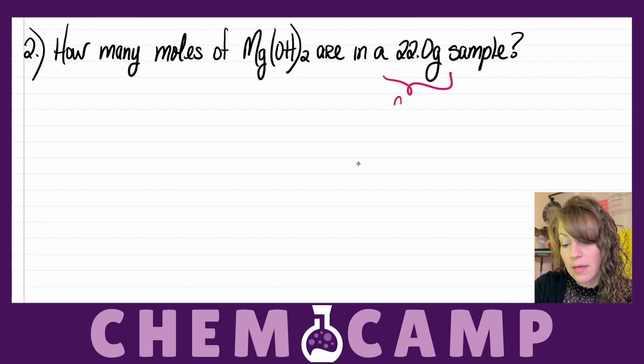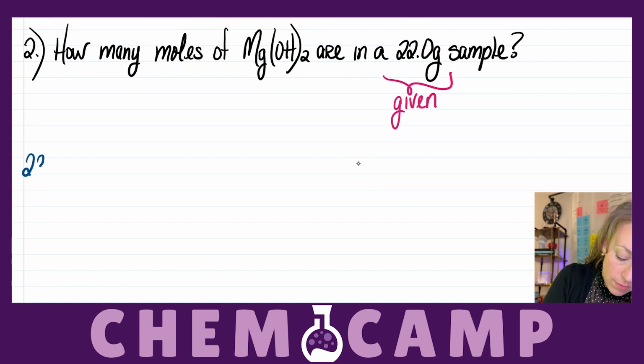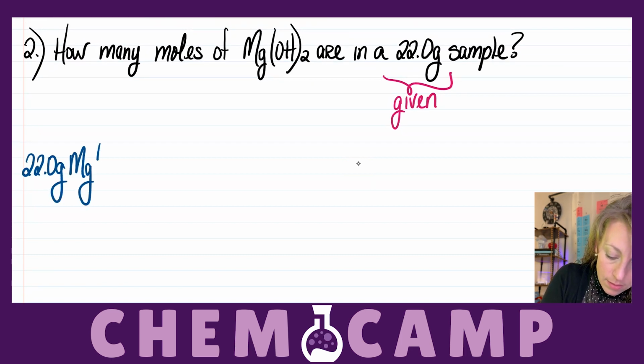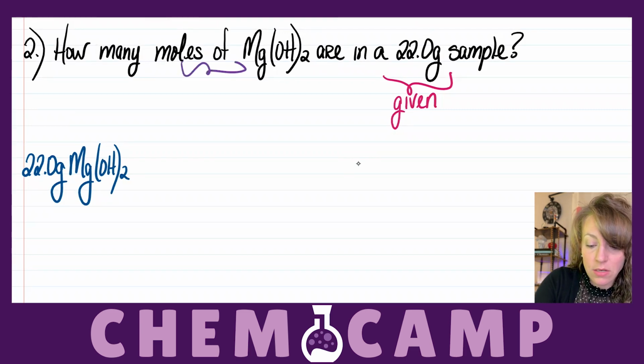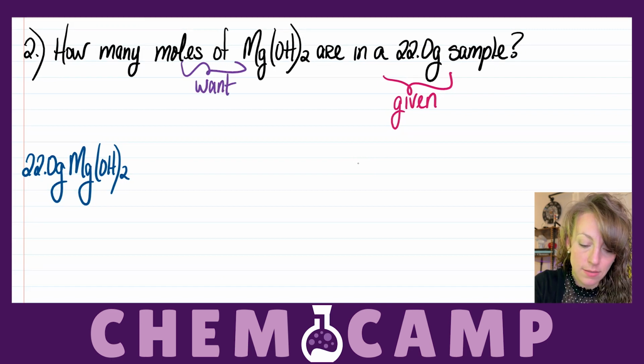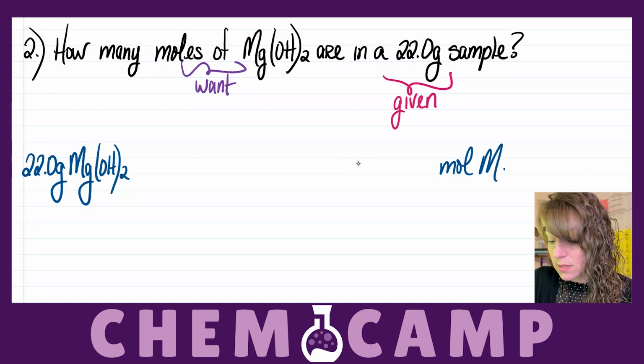That's going to be the 22.0 grams, and we're going to write it to the left side of the paper: 22.0 grams Mg(OH)2. This time they ask us to get to moles of Mg(OH)2, which is our want. So we're going to write moles on the right side of our paper.